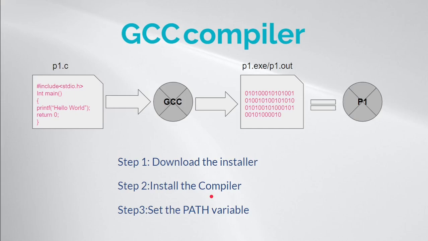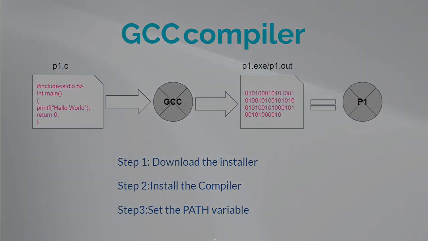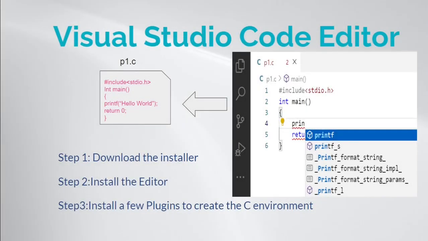Now the second step, the extra thing. Like the software that is going to give you comfort when you type your code, and that software is Visual Studio Code Editor. As I said, this piece of software is not mandatory.